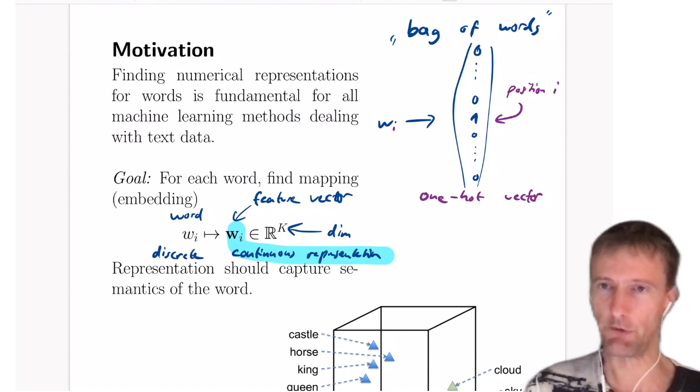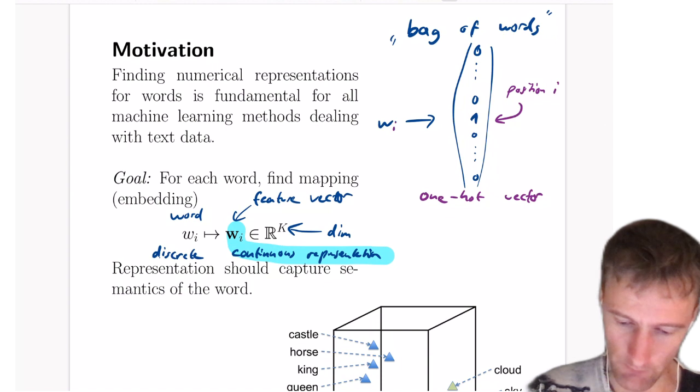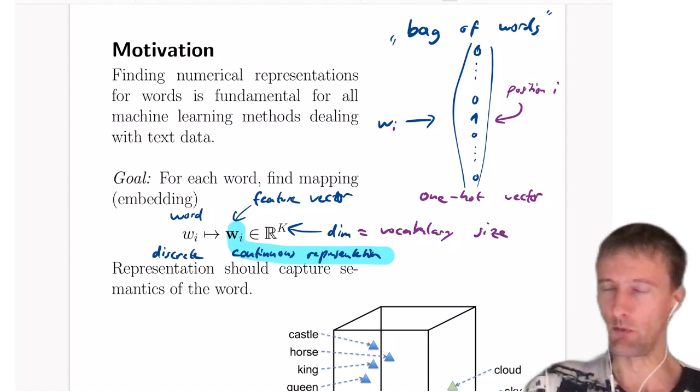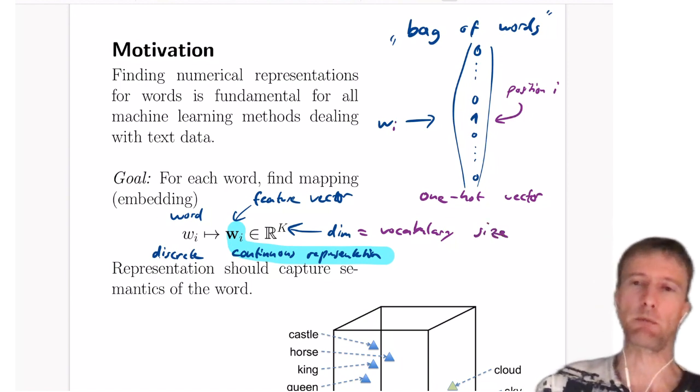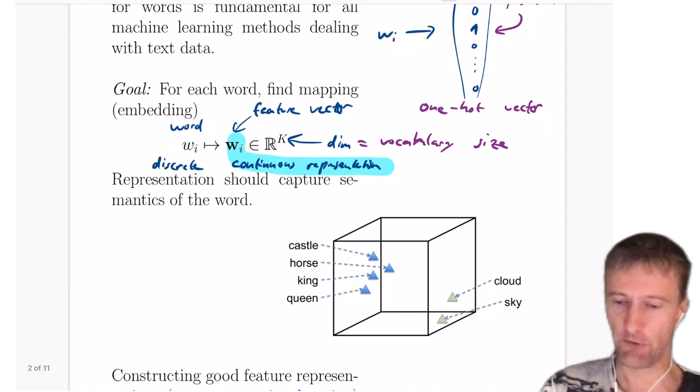The question now is, can we find other representations which are a bit less high dimensional than the vocabulary size? Can you find, say, a 10-dimensional space which represents all the words nicely and also respects their meaning?